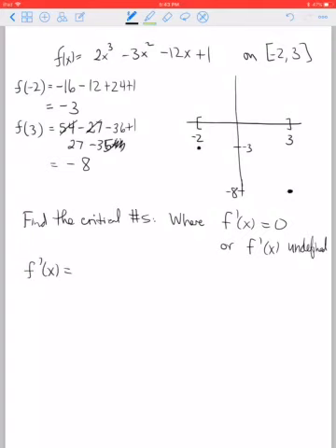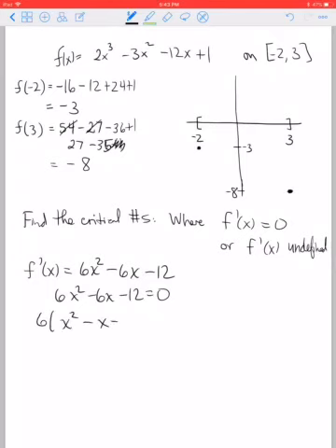In fact, our derivative is going to be 6x squared minus 6x minus 12. And so if we want to know when this is equal to 0, we could set this equal to 0. We could factor this. I guess we can factor out a 6, so we get x squared minus x minus 2. And then we get x minus 2 times x plus 1 equals 0.